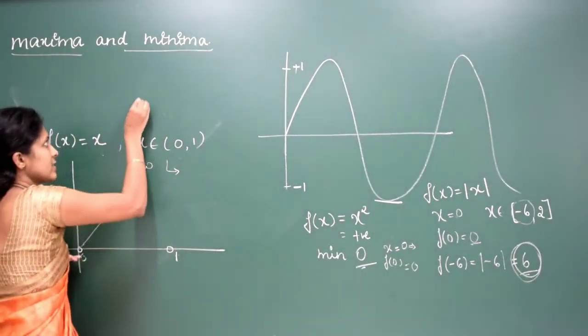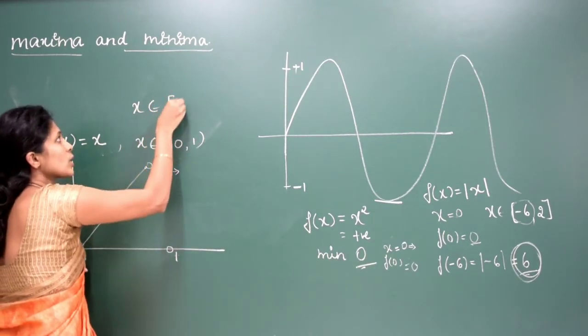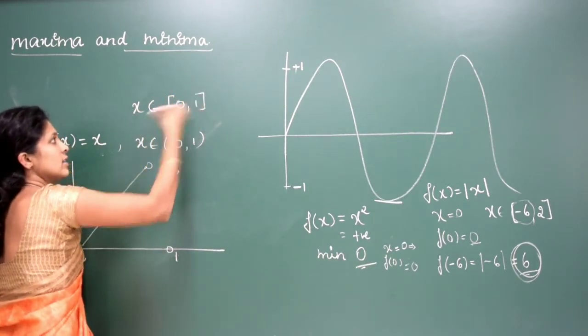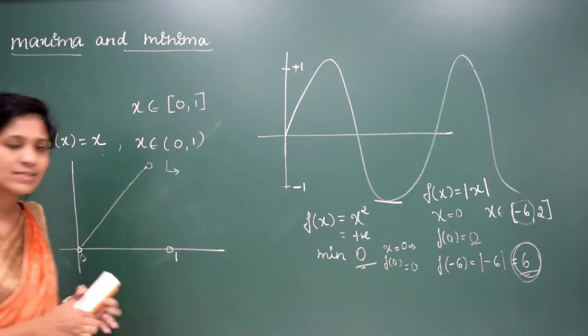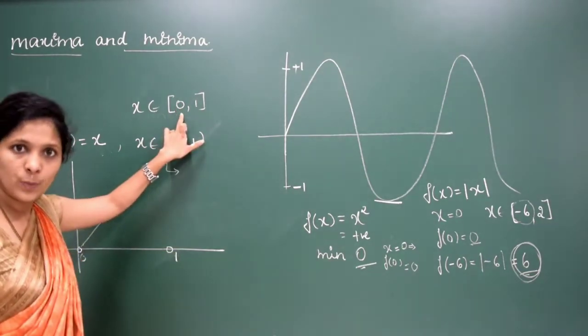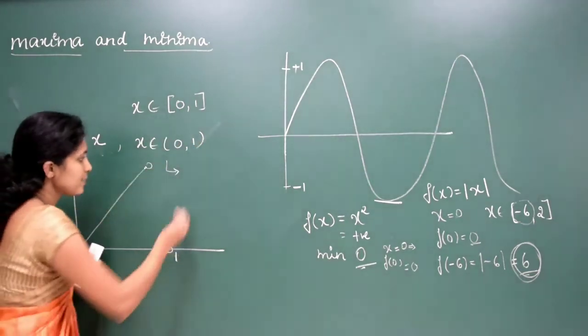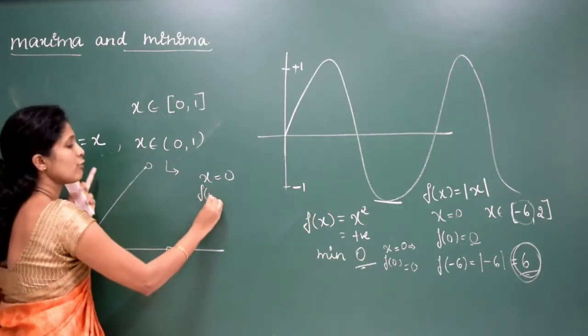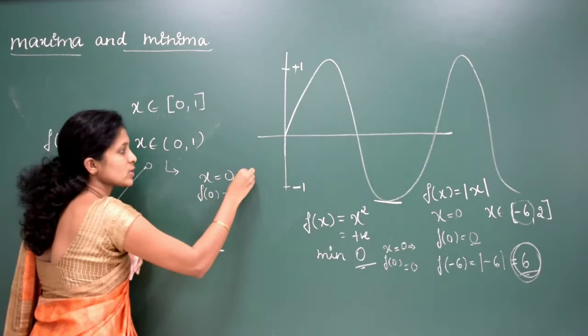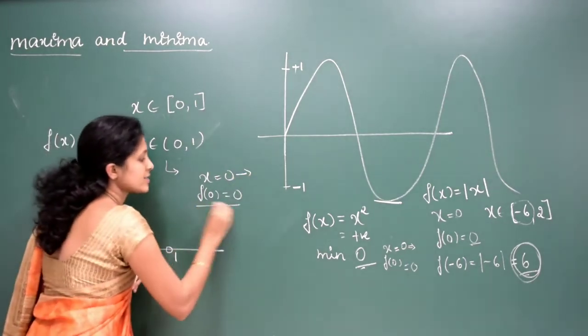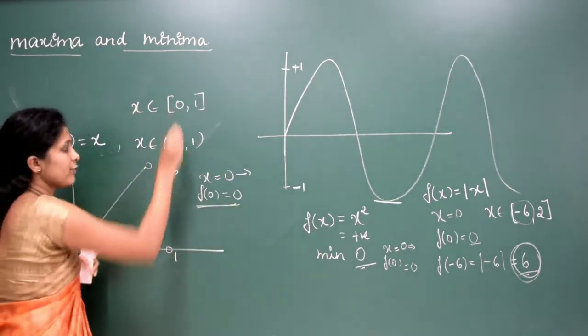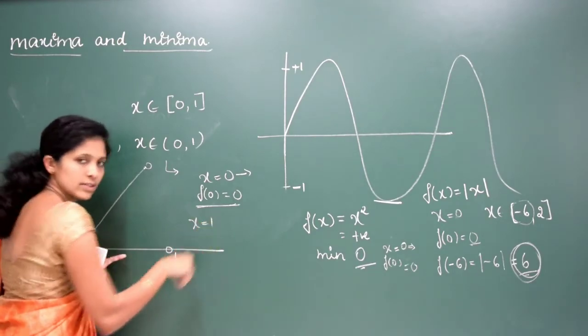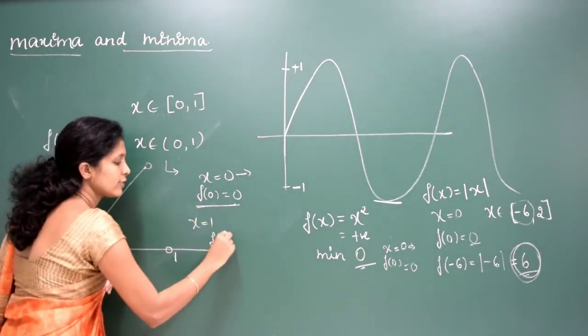If I consider the value of x belonging to the closed interval [0, 1], then obviously at the point 0, x is equal to 0. If I substitute x as 0, f of 0 will be equal to 0. So this is called the point of minima and this is the minimum value. If I substitute x is equal to 1, f of 1 will be equal to 1.